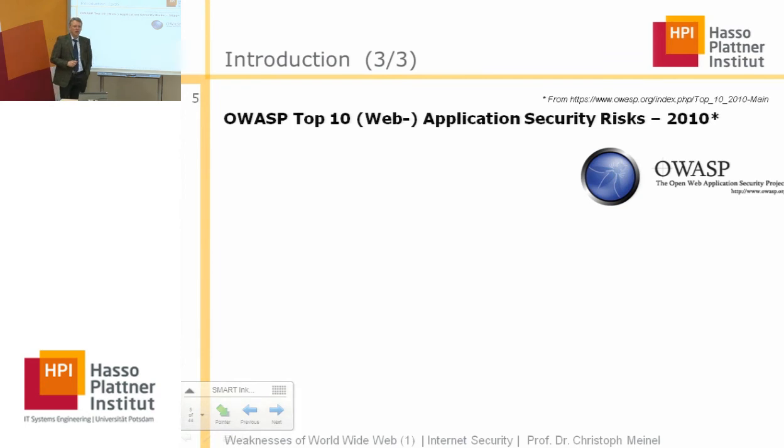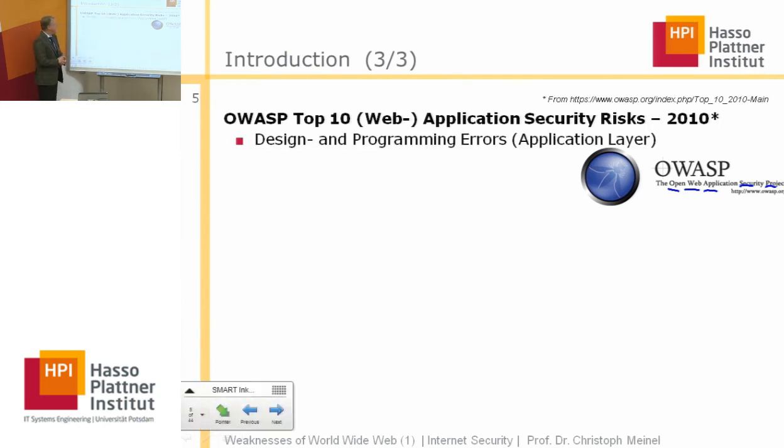If one looks at the most important security risks, in the Open Web Application Security Project there is a listing of the top 10 web application security risks. The latest version of this list comes from 2010, and it lists the following security risks.